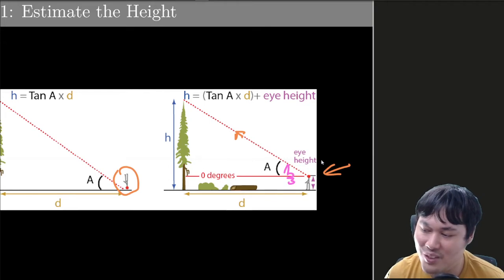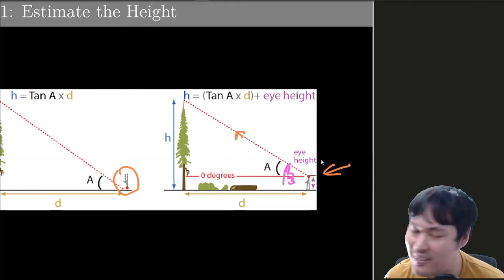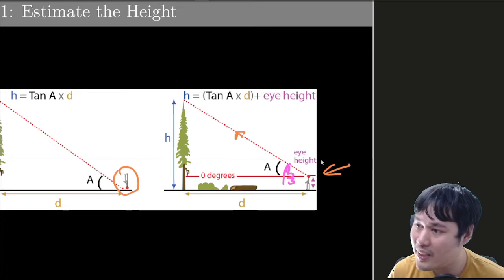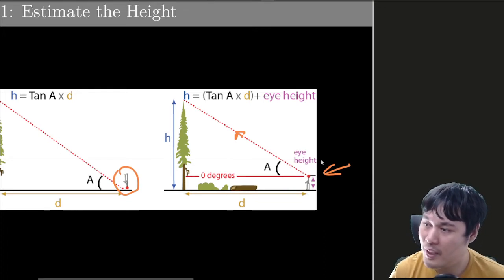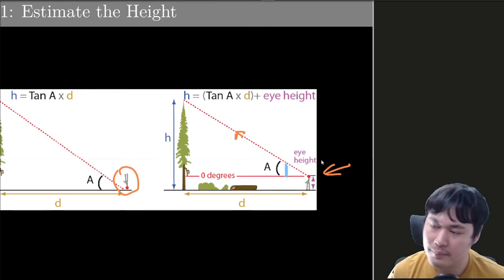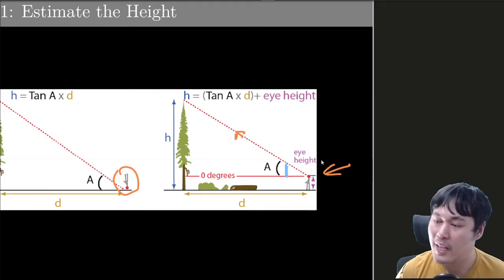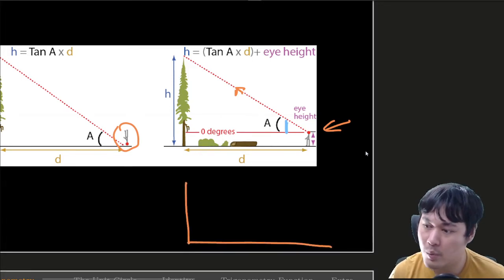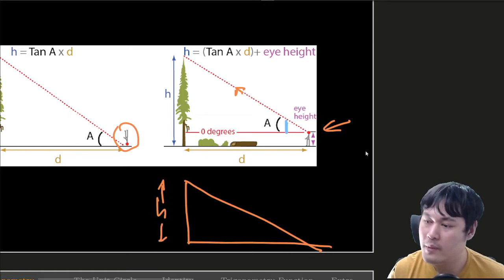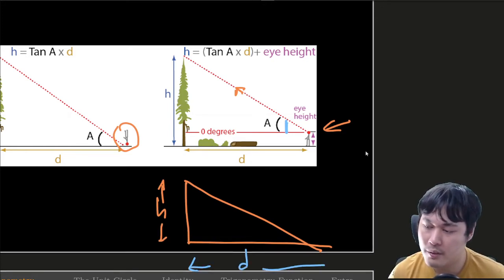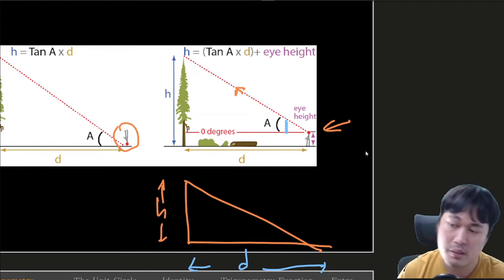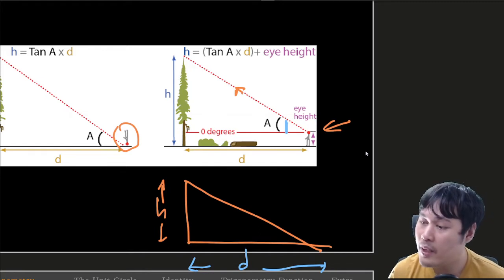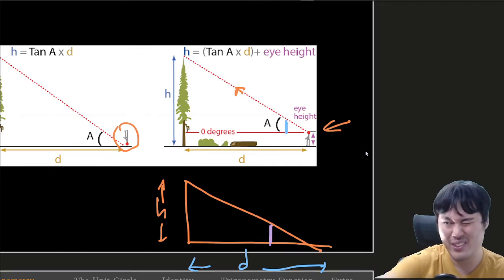Let's say that's your hand, and then based on the height of your hand, you can now construct two triangles. We have the original triangle, which is the large one. It has this unknown height, but it has this known distance, and we can measure distance more easily. Then we have another object, which is the height of your hand.